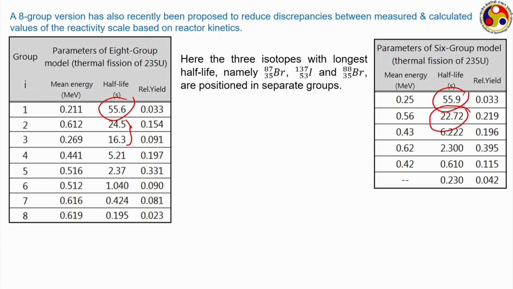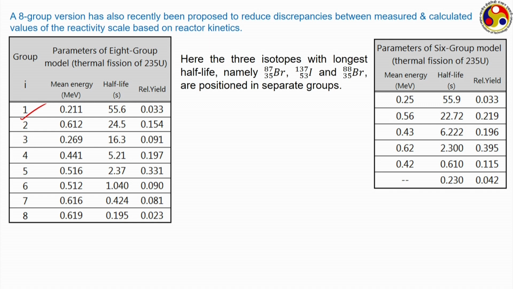There are 3 isotopes which have the longest half life, like bromine 87, iodine 137 and bromine 88, and they are the first 3. They will be considered in separate groups. Like the first group for the 8 group model just uses bromine 87, or it has bromine 87 as the single component.